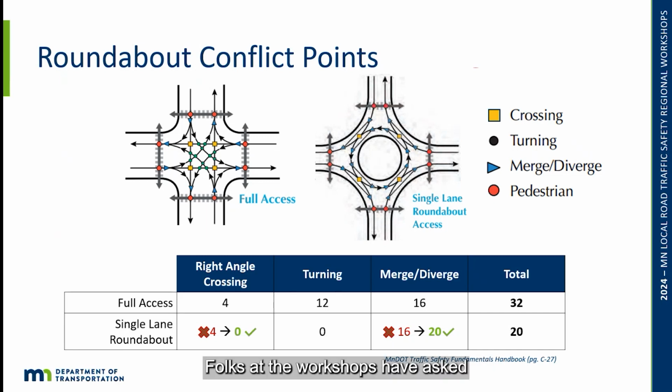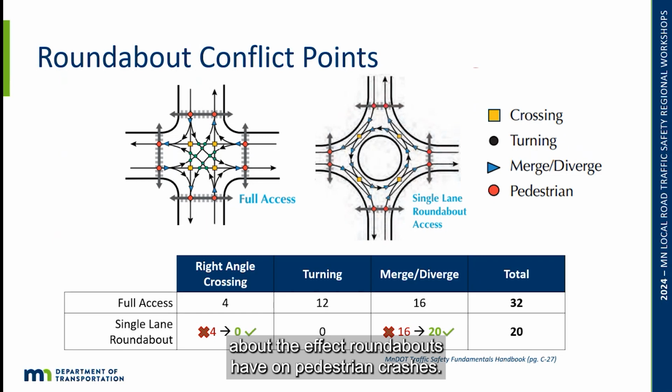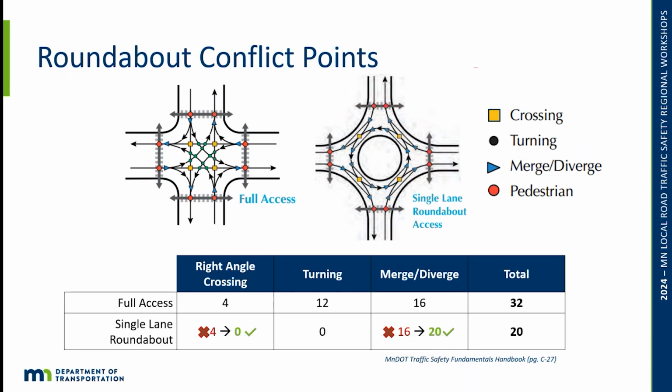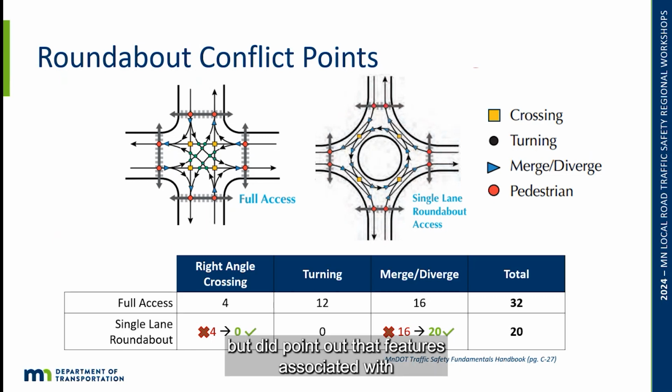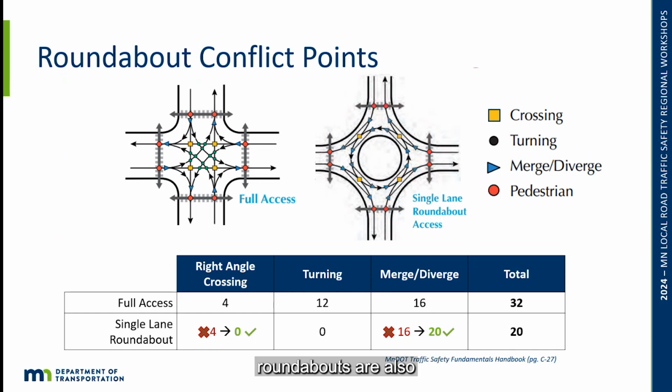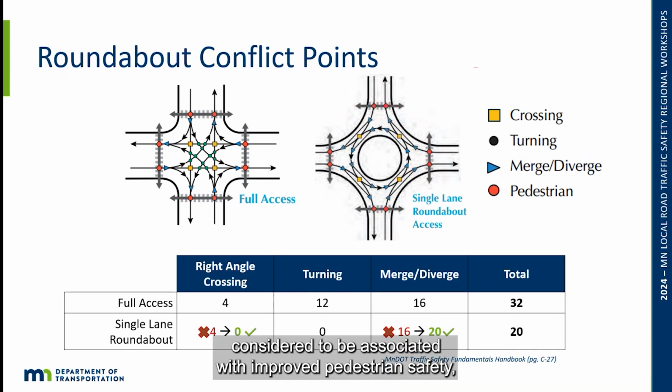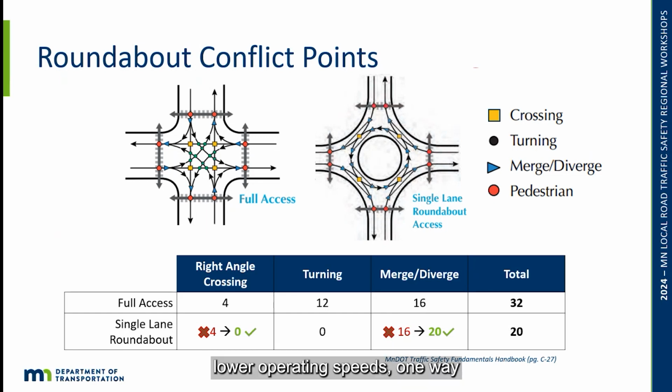Folks at the workshops have asked about the effect roundabouts have on pedestrian crashes. A study done by the University of Minnesota 10 years ago couldn't find enough pedestrian crashes at roundabouts to support a statistically reliable conclusion, but did point out that features associated with roundabouts are also considered to be associated with improved pedestrian safety: lower operating speeds, one-way approaches, and median refuge islands.